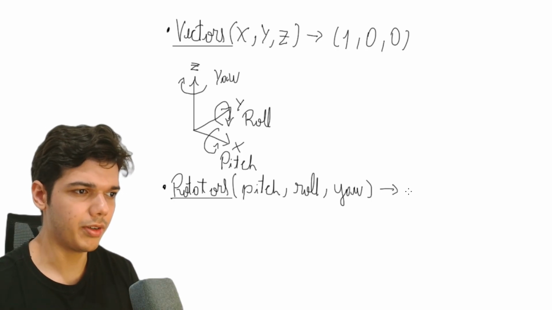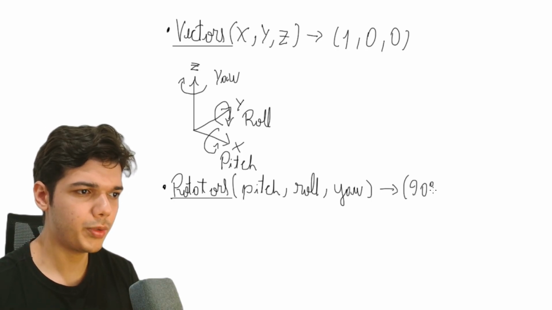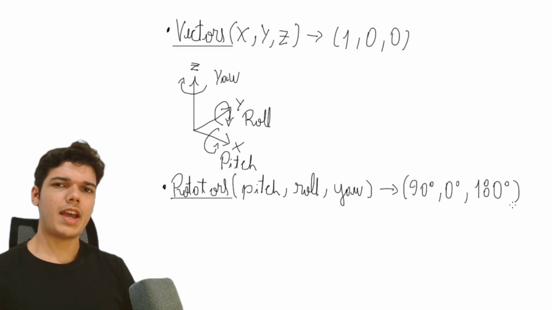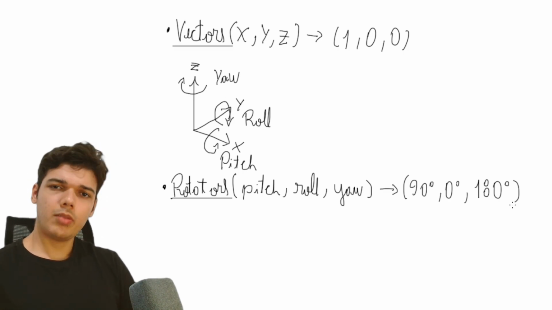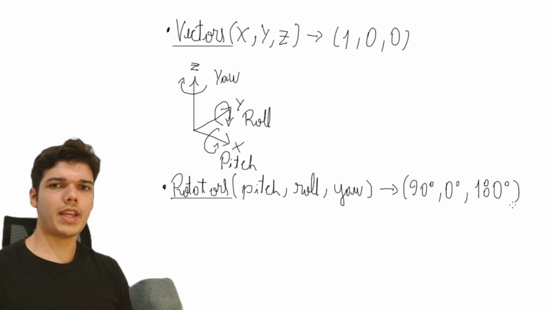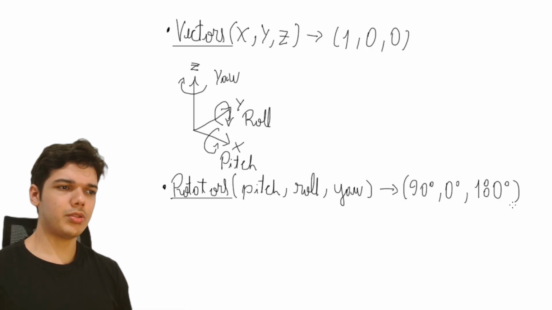So we have here like 90 degrees, 0, and 180 degrees. That's an example. It can be used to know the direction the player is looking at, like you have the body rotation and the camera rotation, and make the comparison, and many other uses.